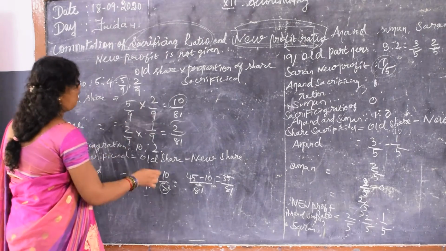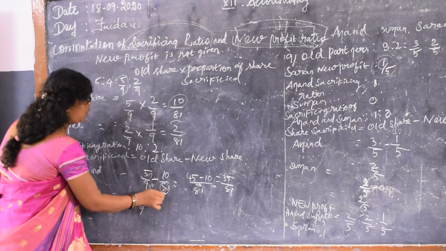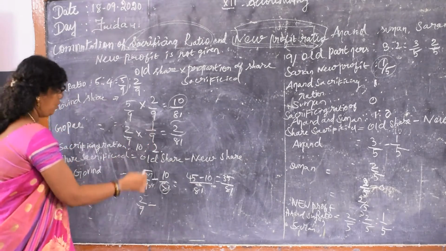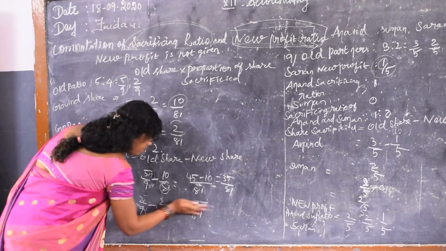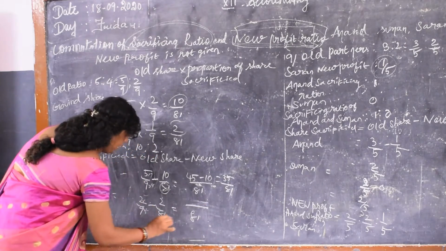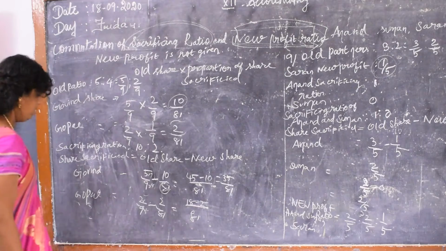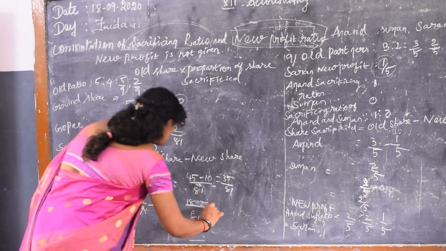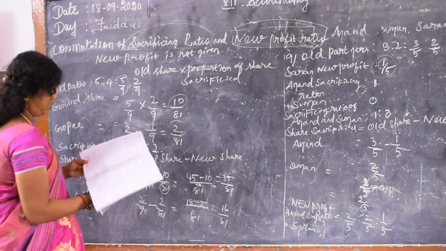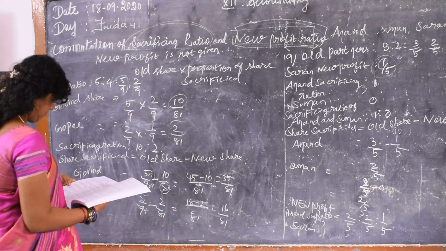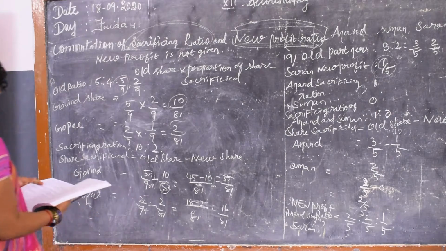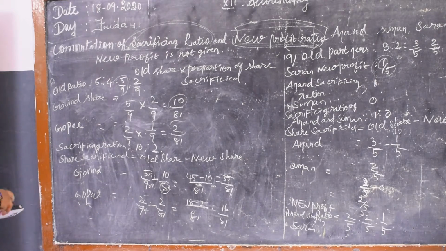For Gopal, what is the old share? Old share is 4/9, minus the new share, which is 4/81. The LCM will be 81. 9 times 4 is 36, minus 4 gives 32/81.